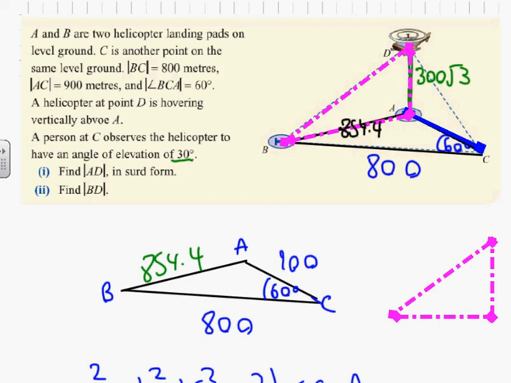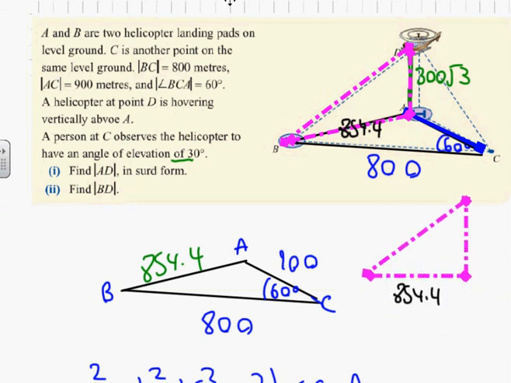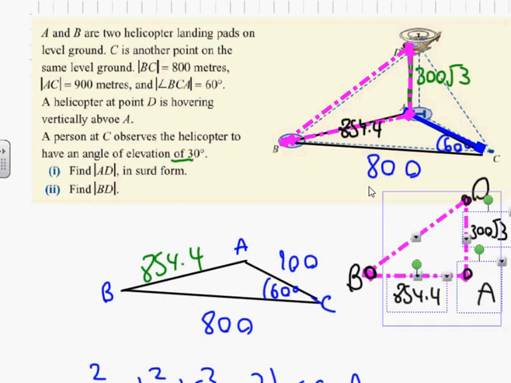And ADB has 854.4 on the bottom, 300 root 3 at the side. And then all we have to do is find out what BD is. So that's B to D. So I'm going to find out what this is now.